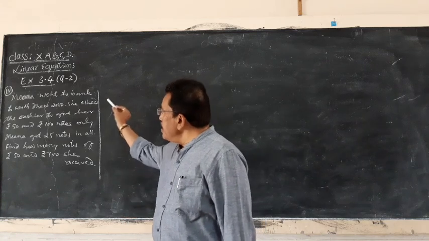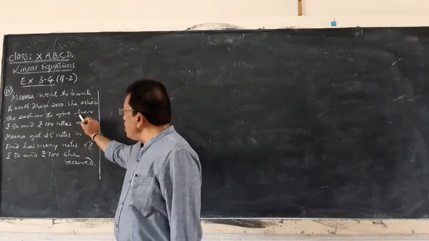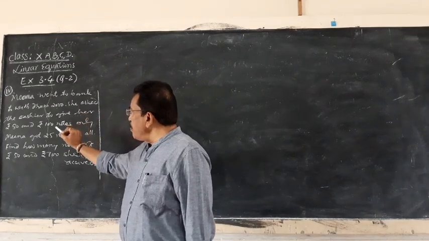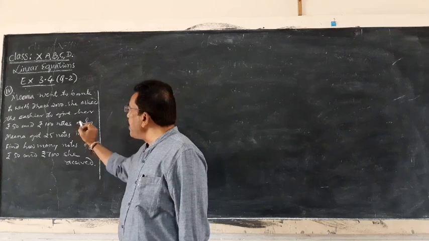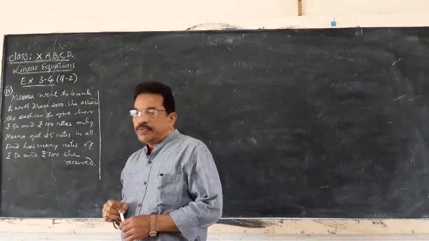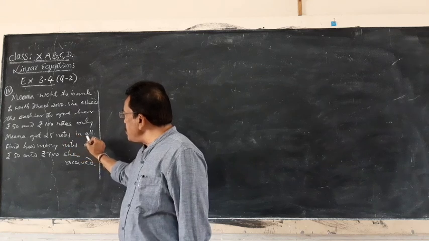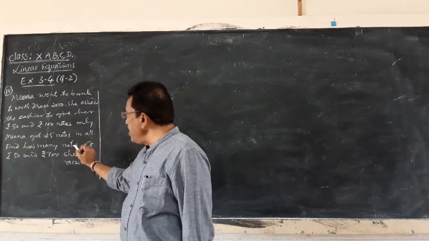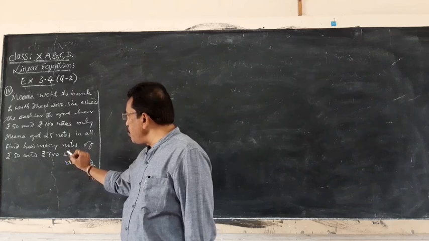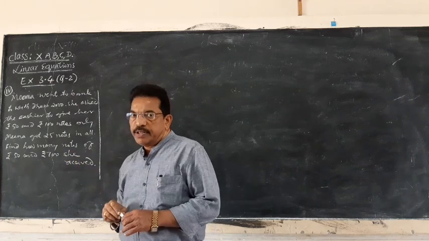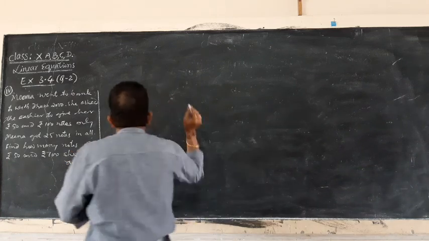She asked the cashier to give her rupees 50 and rupees 100 notes only. Meena got 25 notes in all. Find how many notes of rupees 50 and rupees 100 she received. Let us have a solution.